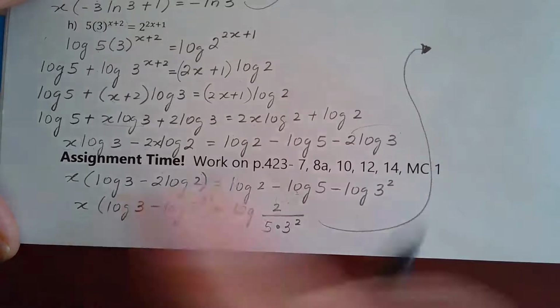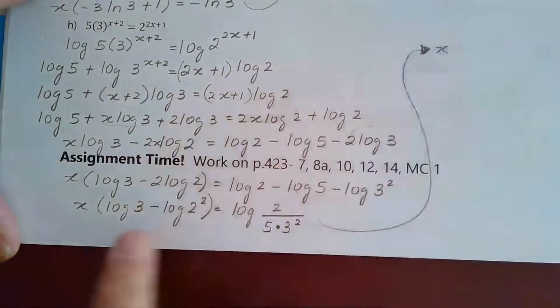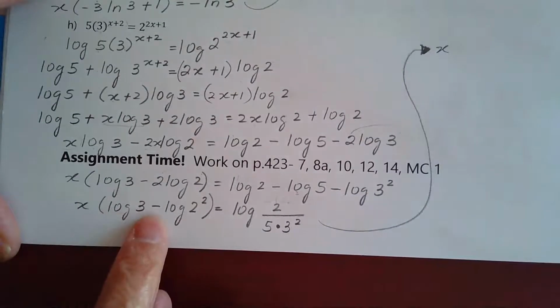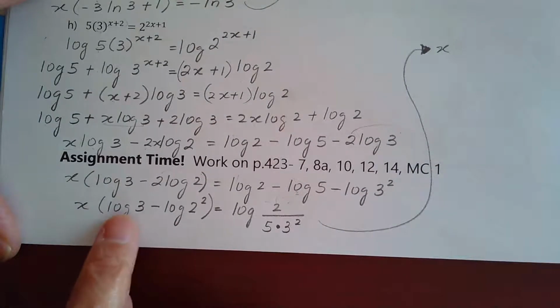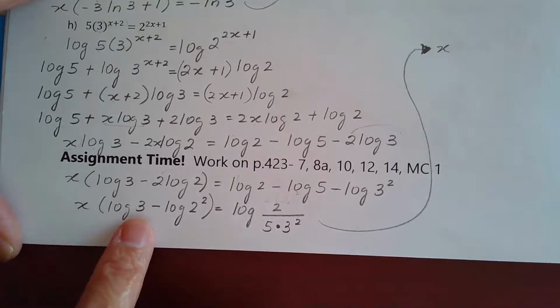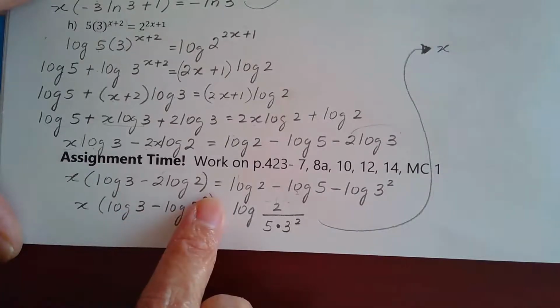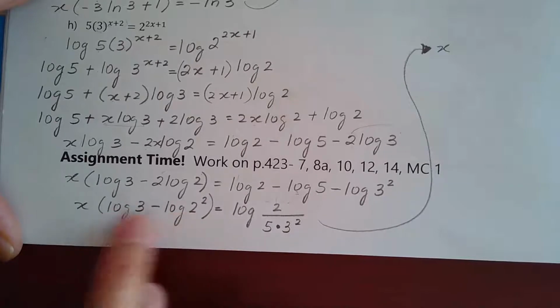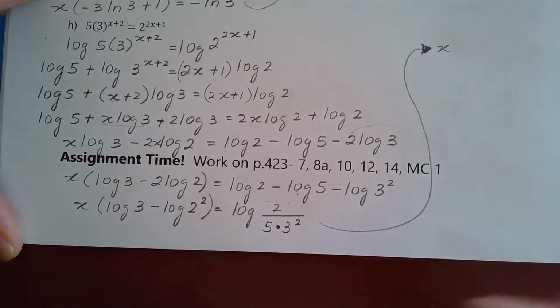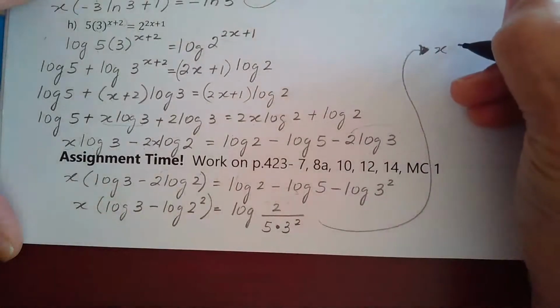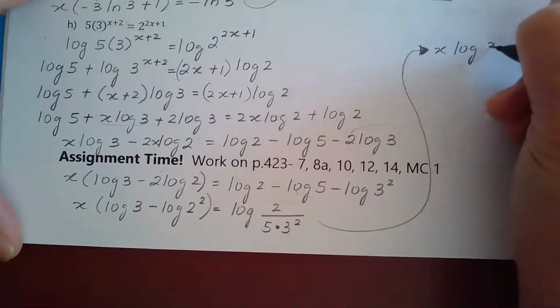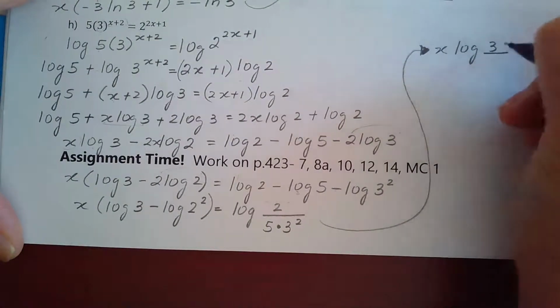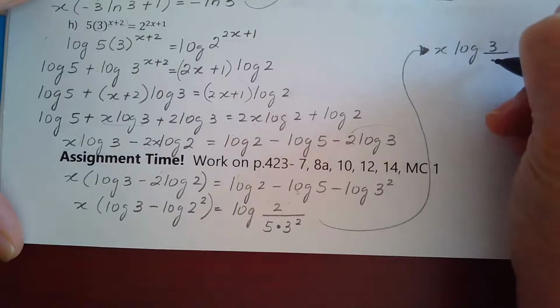Now this part in here, as you can see, log of 3 minus log 2 squared, because these two are subtracted, we can write it as log of 3 divided by 2 squared.